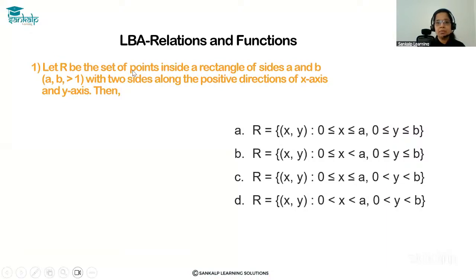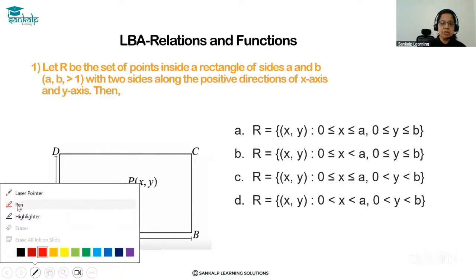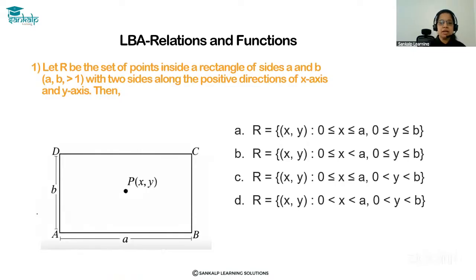Let R be the set of points inside a rectangle of sides A and B, AB greater than 1, with two sides along the positive directions of the x-axis and y-axis. Let the rectangle be ABCD and let P(x, y) be the point which is inside the rectangle.